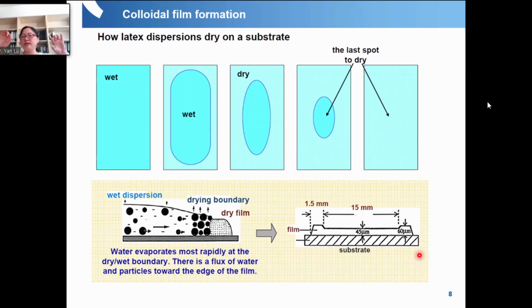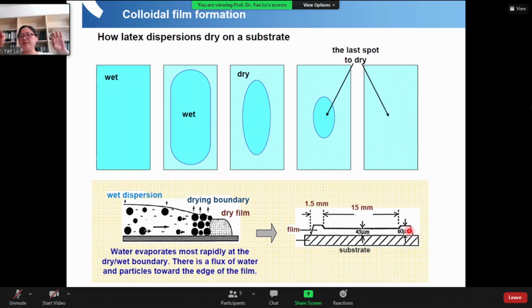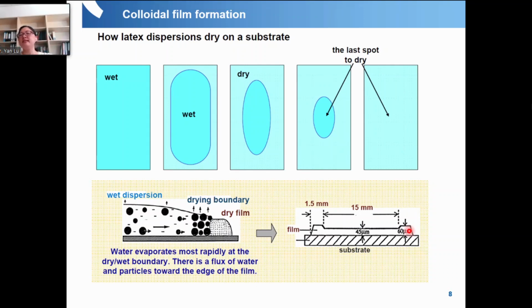This is due to this flux during the evaporation of water. So particles will be pulled or moved to the edge of the film. That's why you always have a lot of particles, very concentrated particles, at the edge of the film, but in the middle, a little bit thinner film in that case.